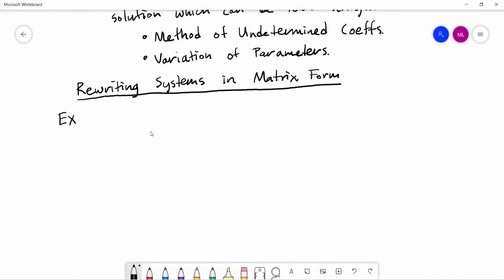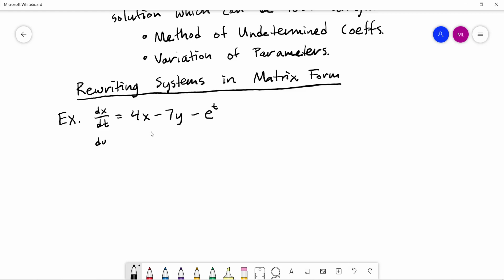So as an example, let's say that you were given the system of differential equations that looked like this. They said dx/dt is equal to 4x minus 7y plus whatever, let's say minus e to the t.